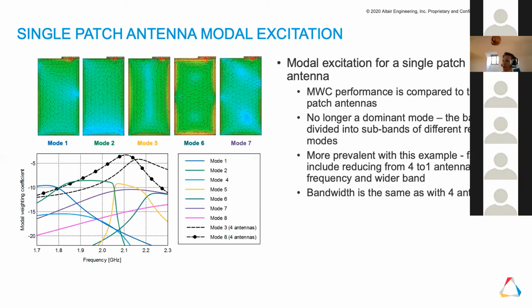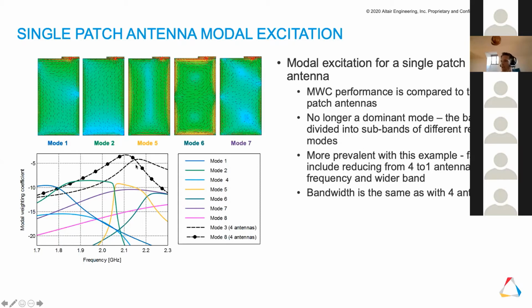The condition for the patch antenna example that we looked at previously is a little bit more pronounced. The reason is twofold. Firstly, we are reducing from 4 antennas to 1 antenna. And the other influence here is that this design is at 2 gigahertz, so for the ground plane at this size, we have more resonant modes that occur at the higher frequency.